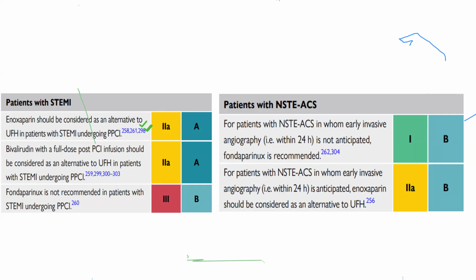For patients with non-ST elevation ACS in whom early invasive angiography is anticipated, enoxaparin should be considered as an alternative to unfractionated heparin. So I think fondaparinux in the non-STEMI with benefits is probably OASIS 5, and the STEMI is OASIS 6. I may be wrong, but I think we can check it out.